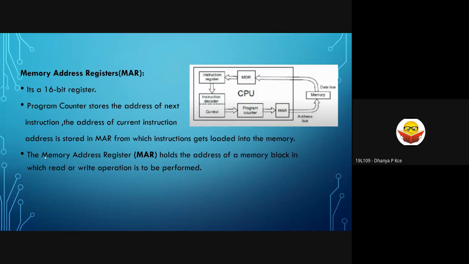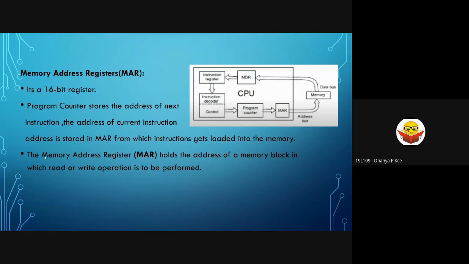And once it has reached the memory, there will be two classifications. This address is just to refer to that location in the memory, and that memory might contain data or an instruction. If it's data, it will directly go to the general purpose registers and do their task respectively.